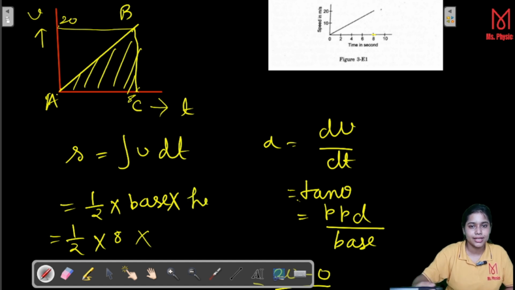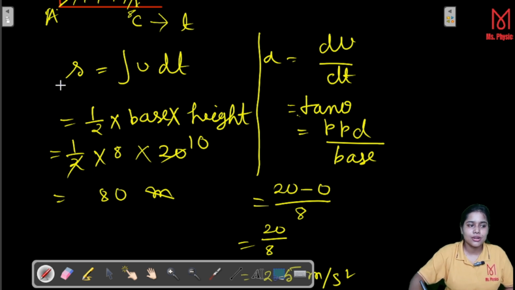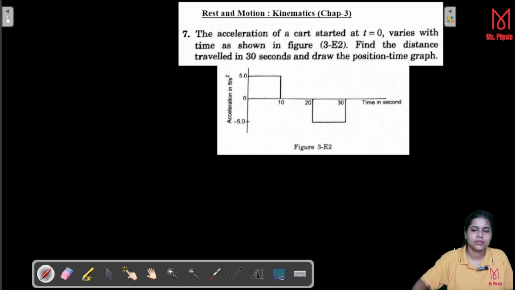I was thinking about area, that's why I wrote area. Height means here it would be 20. Therefore, you get the value as 80 meter. So this is the answer of the displacement, and this is the answer of the acceleration.